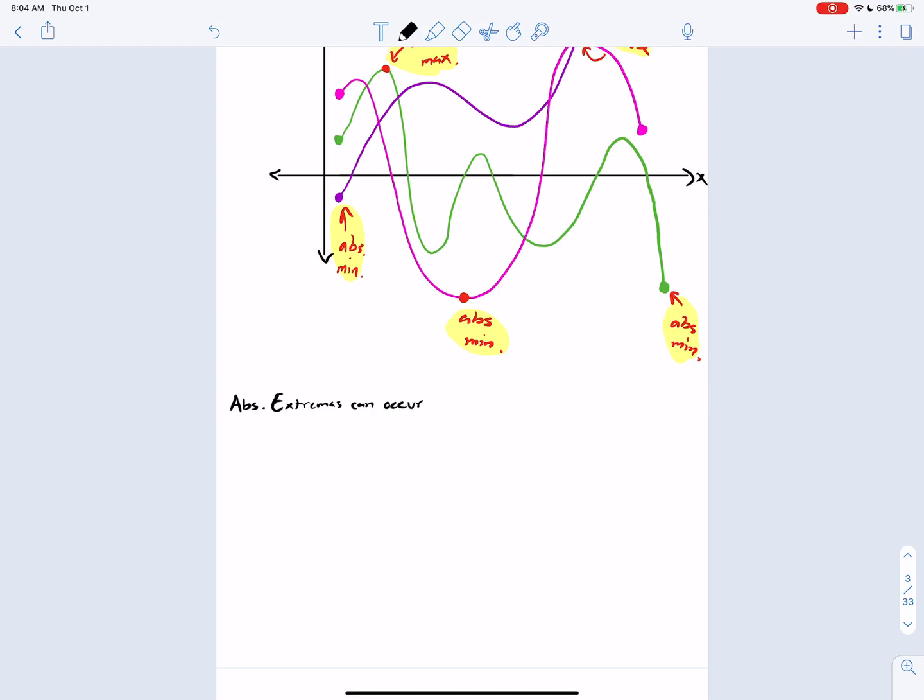Okay, we know that it could occur at endpoints. And somewhere in between. I don't have space, but you guys do. I should say or. And or.